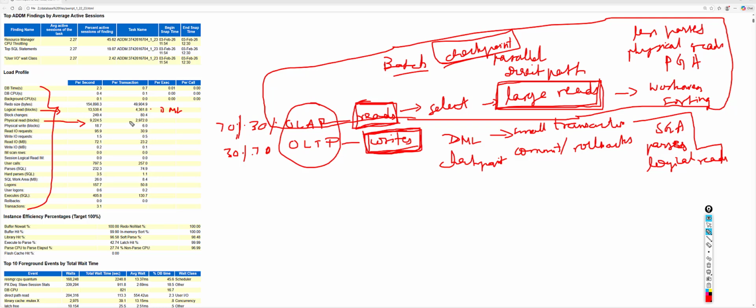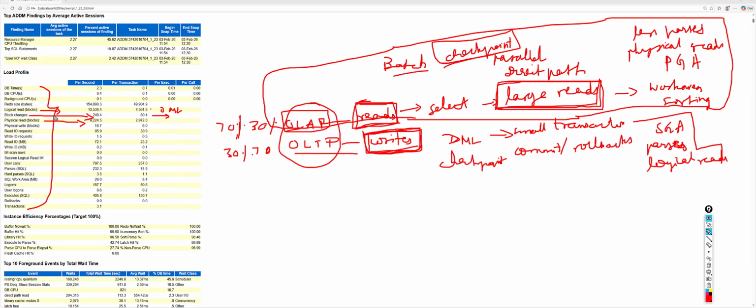So here we cannot directly confirm, but if you see the block changes, and I need to mention this as well. If you are seeing an OLAP system, then the number of block changes will be less because the number of modifications will be less. But when you see OLTP systems, block changes will be high. Here we are seeing a few block changes.